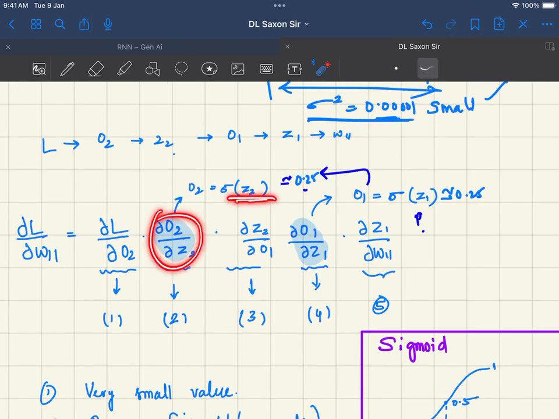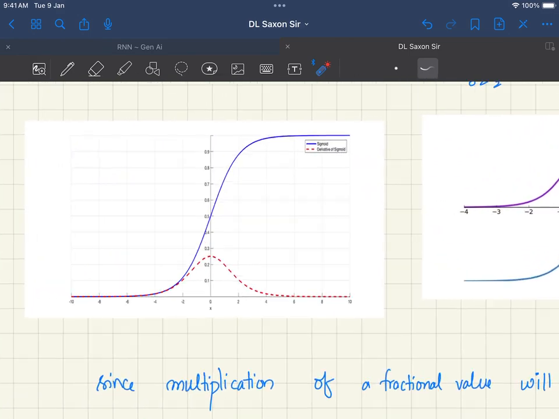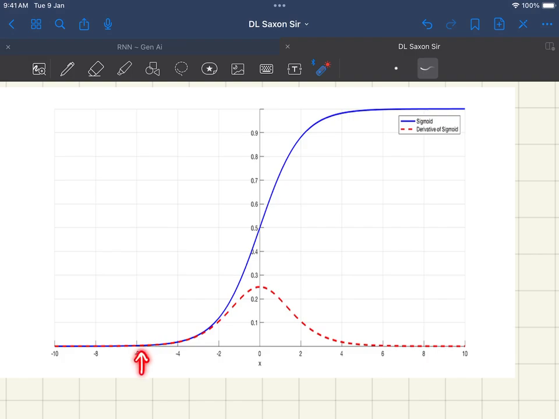When it comes to this term, here we need to get the derivative of sigmoid. Let's look at what the derivative of sigmoid is. Here the derivative of sigmoid for an extremely large negative value or extremely large positive value is close to 0. It is very tiny. This red line indicates the derivative. So for large values, it is tiny and approximately equal to 0.